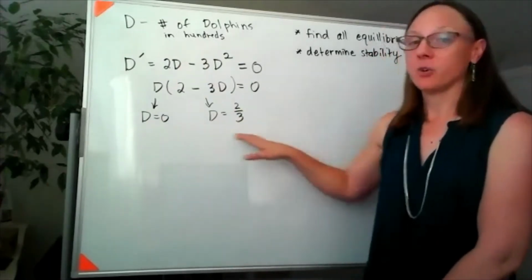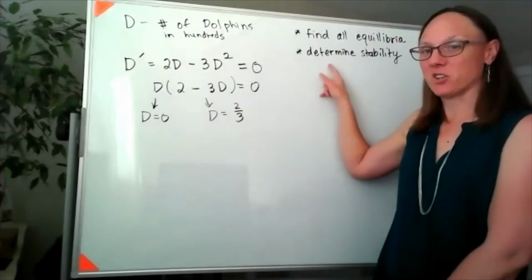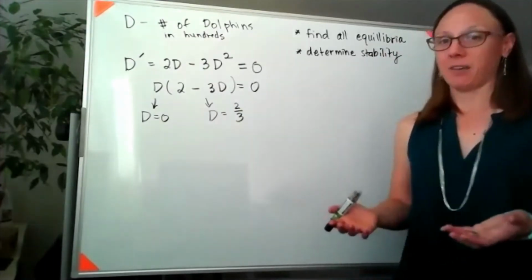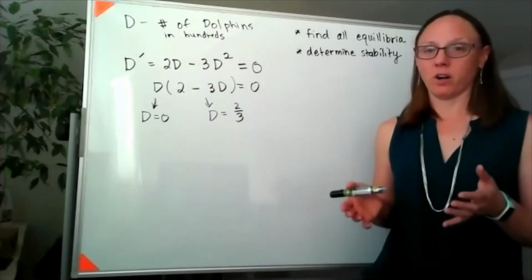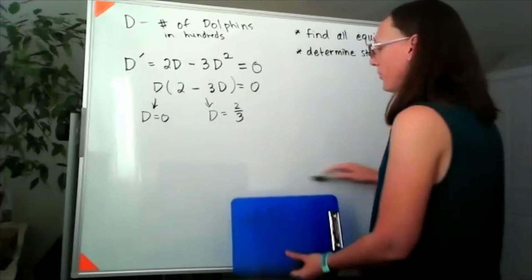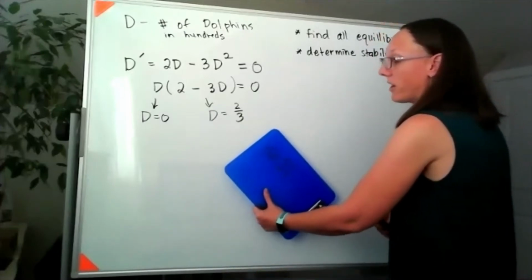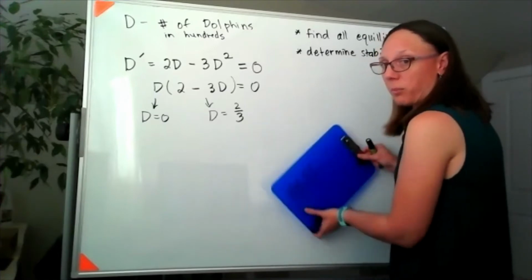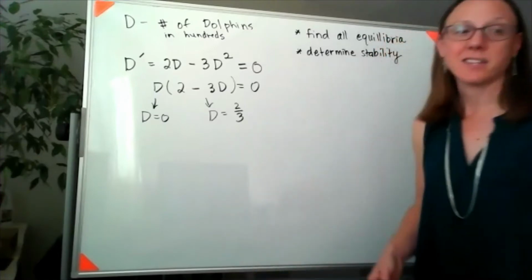Now that I have our two equilibria, I need to determine the stability. Well, when we do it graphically, we're looking for those places where, as we come through the axis, either we have a negative slope and it's going to be stable, or a positive slope and it's going to be unstable.